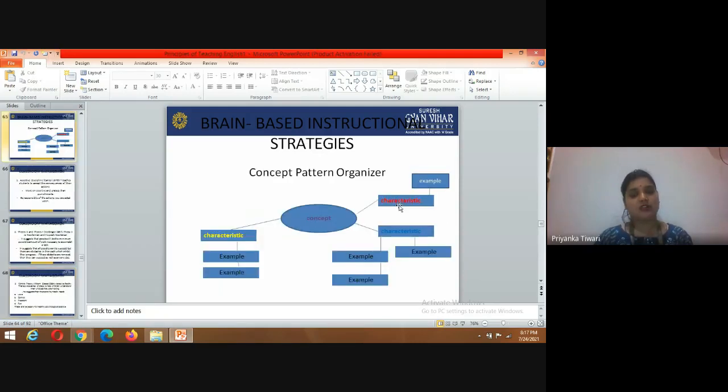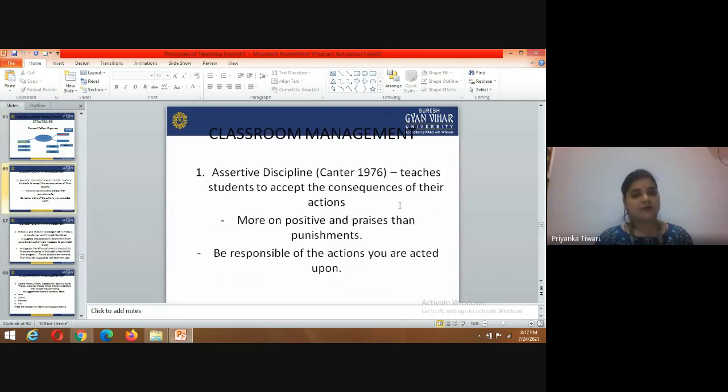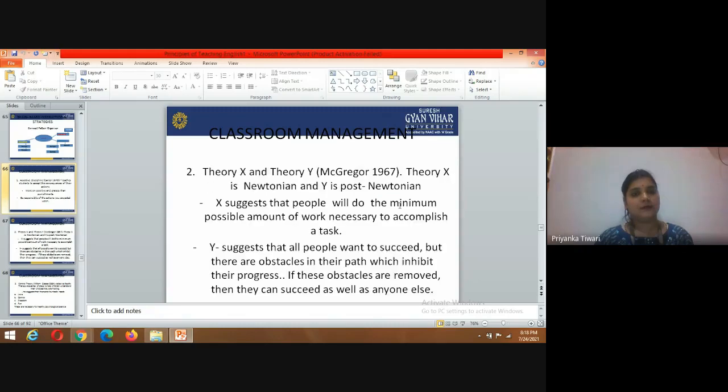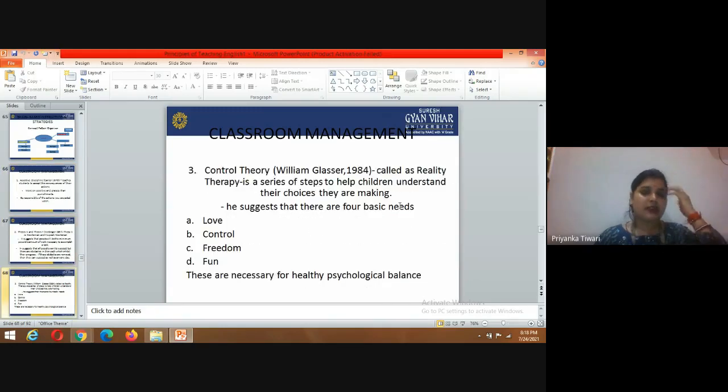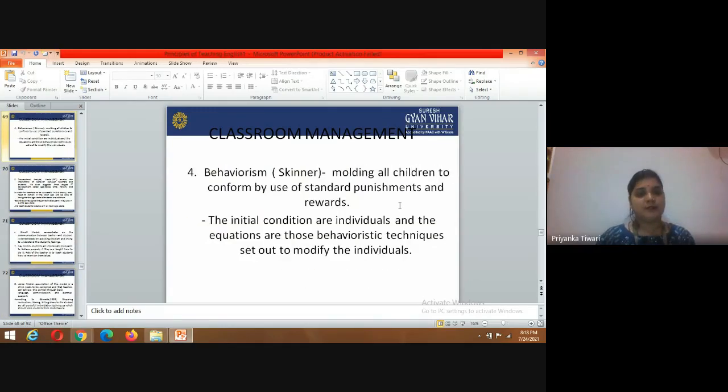Then after, concept pattern organizer and characteristics example, and concept classroom management, assertive discipline. And then after, classroom management and behavior theory, given by Skinner, modeling all children to conform by use of standard punishments and rewards.